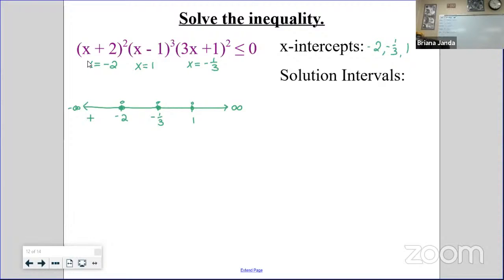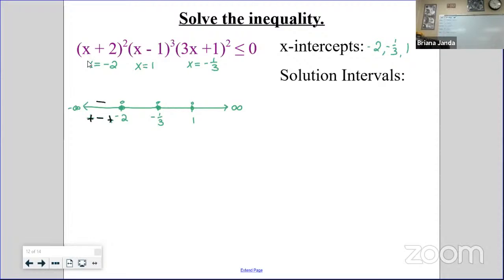What happens when I cube it? Stays negative. And then -30 plus 1 is a negative number, but then I'm going to square it. And when I square it, it comes back out positive. So we have a positive, a negative, a positive, overall is a negative.